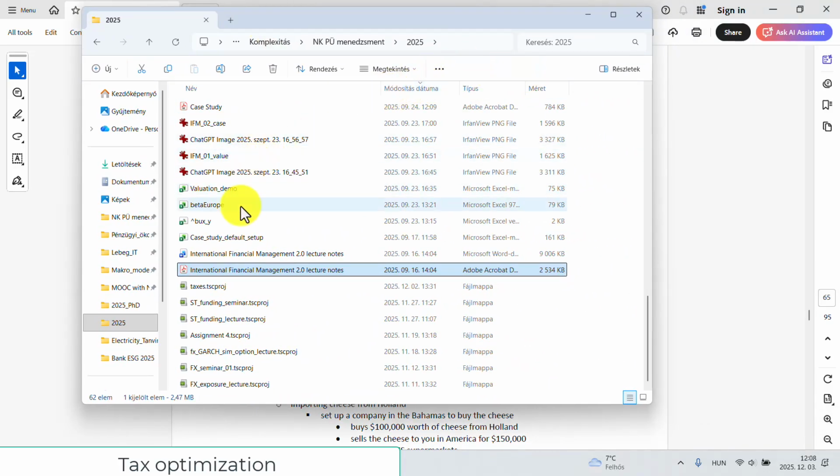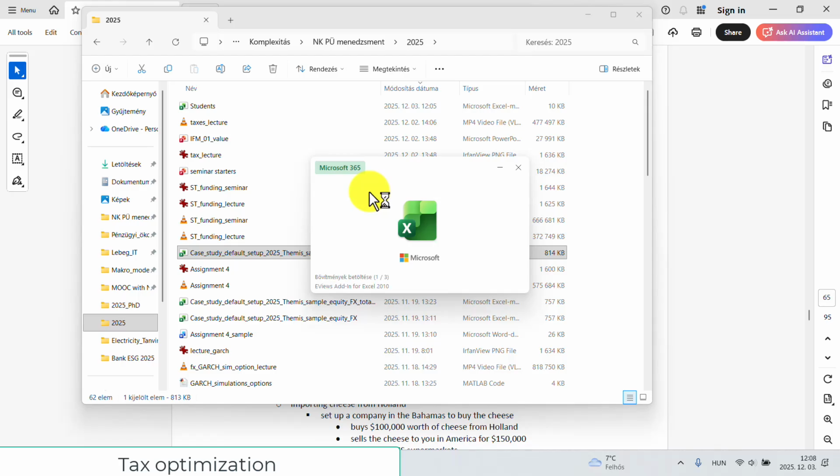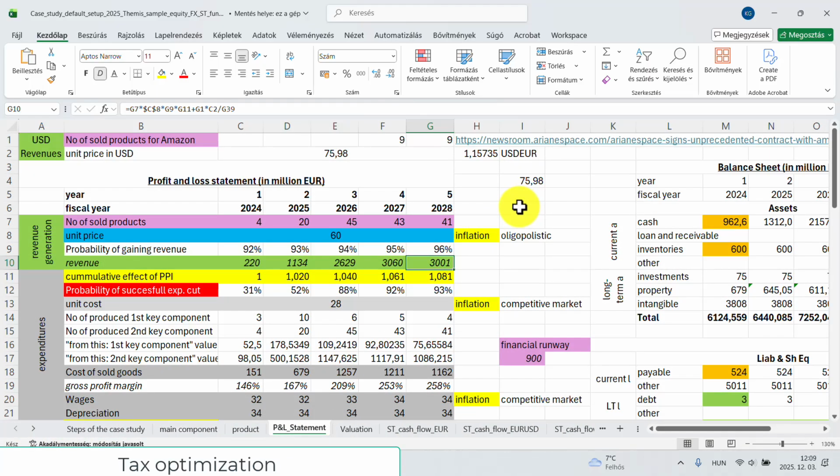If we are checking our own case study, which is supposed to be analyzed during the semester, that was the last sample solution. So with all this short-term funding, if we go back to the profit and loss statement, first of all, we can consider foreign revenues.